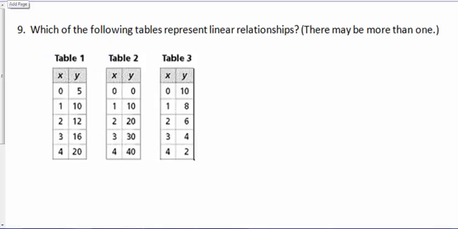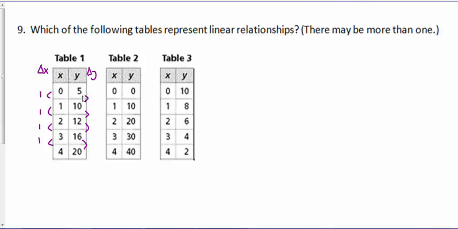9. Which of the following tables represent linear relationships? There may be more than one. Well, let's look at them. We have to find change in x and then change in y. This is 1, 1, 1, and 1.